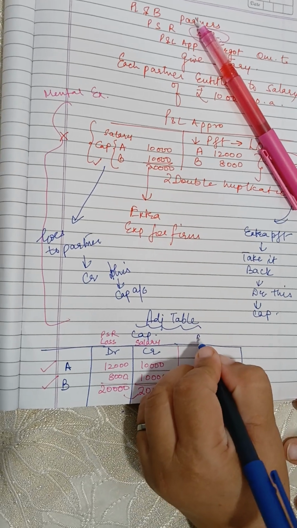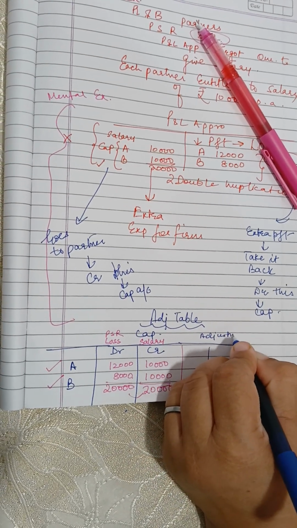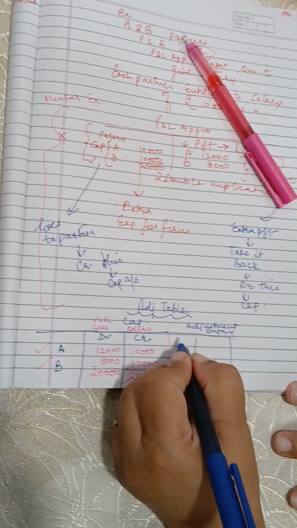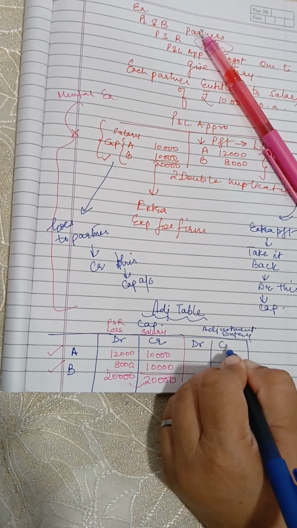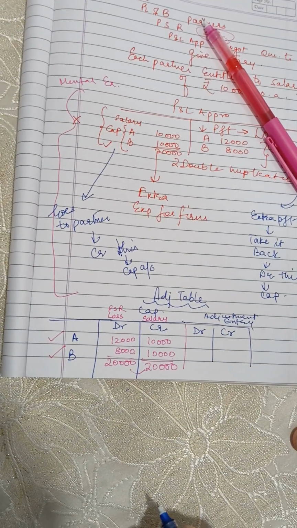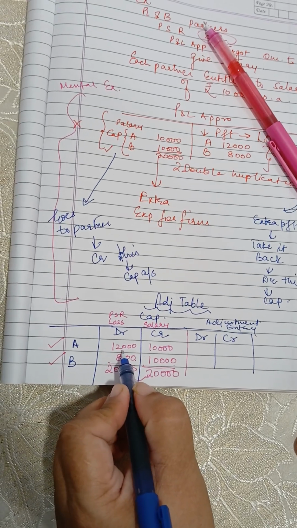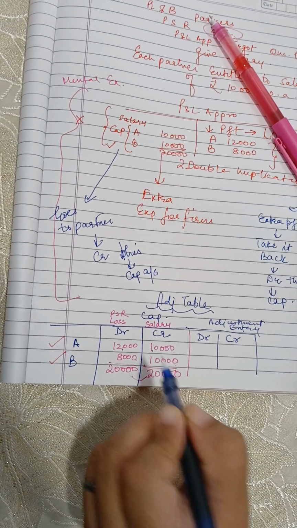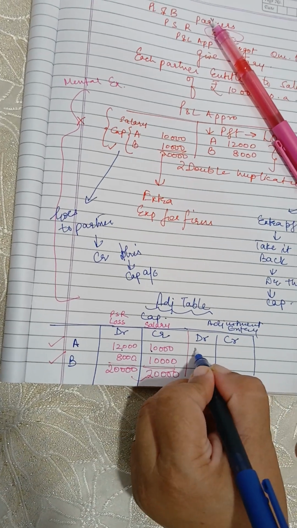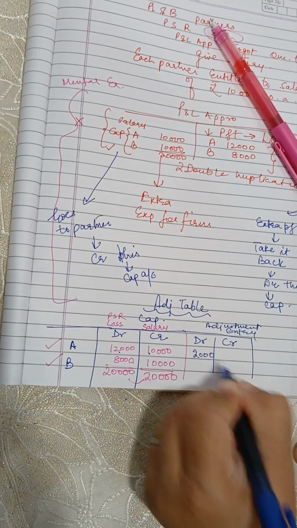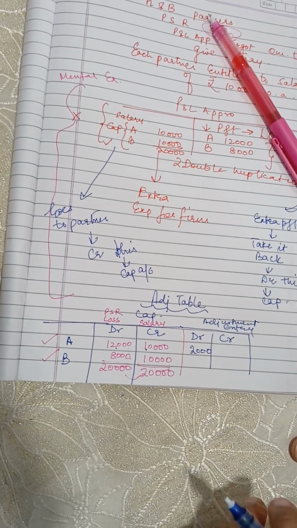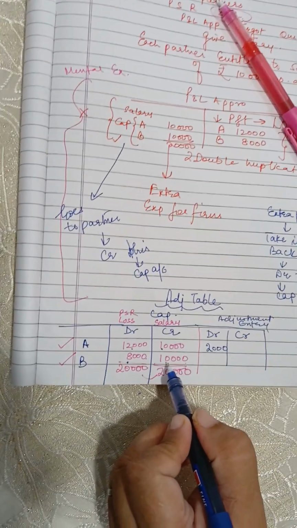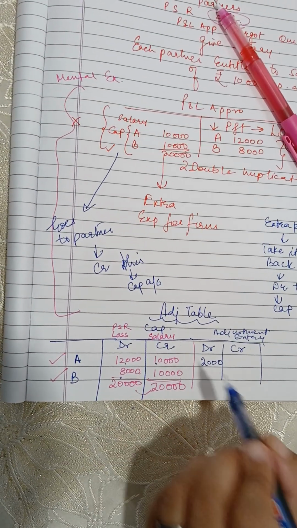Now we add two extra columns here. This is basically our adjustment entry, which we get from here. Here again I put the things as debit and credit. Let's compare the two. We have debited A with 12, credited with 10. So net we have debited A with 2000 extra, 10 cancels, 2 extra. Here 8 is debited to B's account, but 10 is credited.